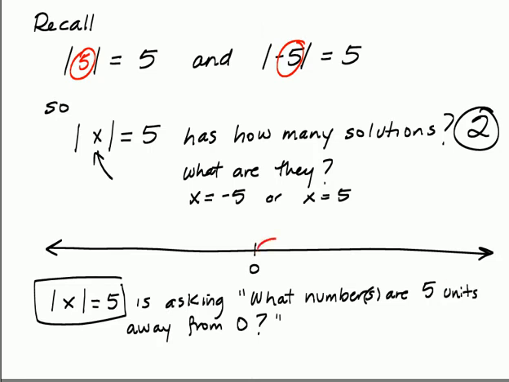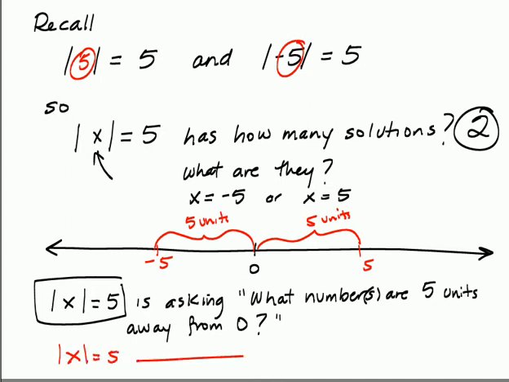Well, you could go to the right 5 units and you would end up at a +5, or you could go to the left 5 units and you would end up at a -5. So the absolute value of x equals 5 has 2 solutions: x equals -5, or x equals +5.